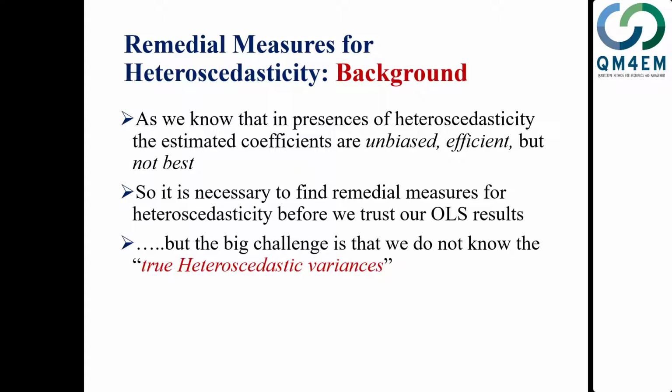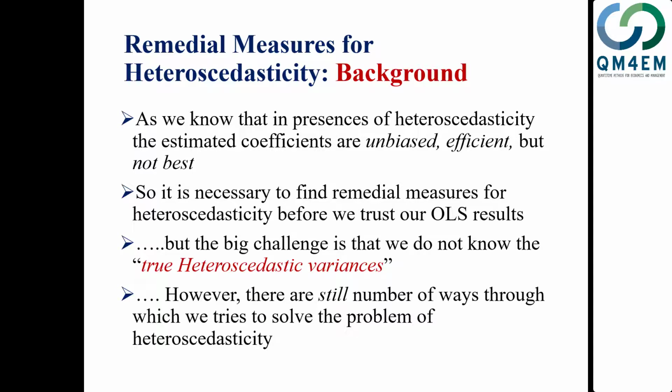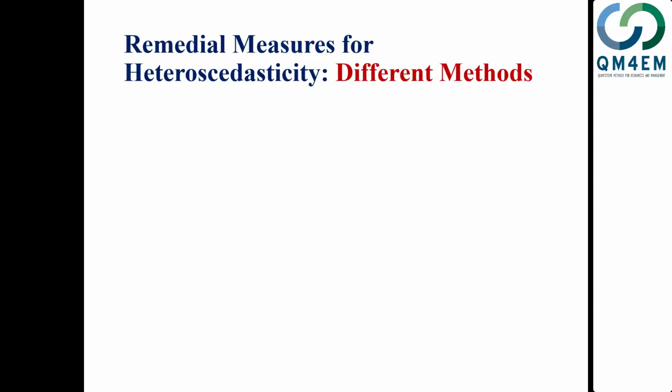So the variance is unknown, and if the variance is unknown, it becomes difficult to fix the problem. What should we do? There are a number of ways through which we try to solve the problem of heteroscedasticity. Despite the fact that we don't have the true heteroscedastic variance available to us, there are ways through which we can fix this problem, so we are going to discuss that.